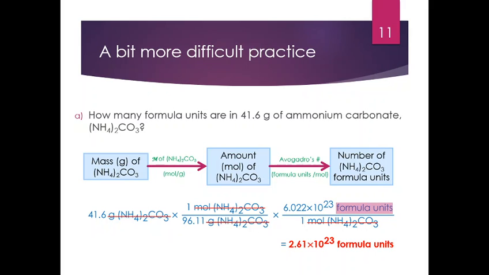Once that is all well and done, plug into your calculator, and you have 2.61 times 10 to the 23 formula units. This is going to be a very, very common calculation throughout this entire semester.